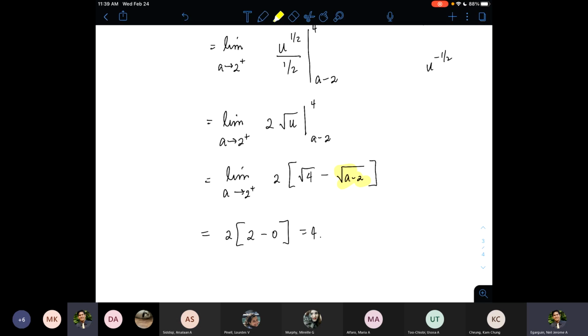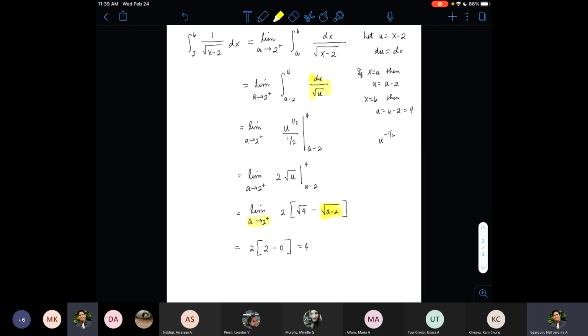And you see here the importance of noting that we are taking the limit as a approaches 2 coming from the right. Because if you forgot to write the direction from which you are approaching 2, then the limit wouldn't exist, because the root of a minus 2 doesn't have a limit as a approaches 2 coming from the left. But we don't care about a approaching 2 from the left, because we are living on the interval 2 to 6. Now, what we got here is the value of the integral: the integral from 2 to 6 of that function is equal to 4.